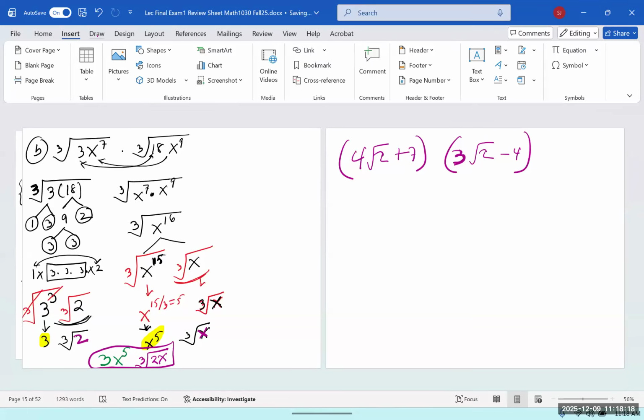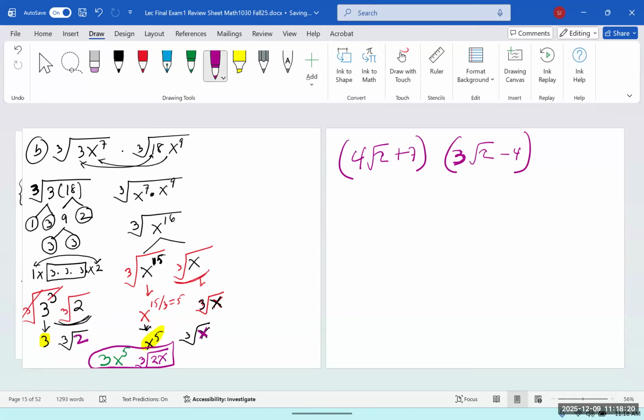In this multiplication, all you have to do is FOIL them out and then simplify. So first you multiply this. You have 4 times 3, 12, and then root 2 times root 2, which is root 2 square. Then you multiply the next terms. So you have minus 4 times 4, 16, and then radical 2.